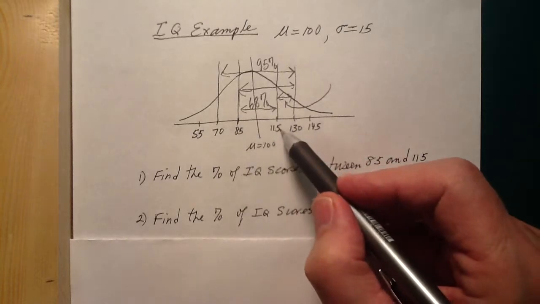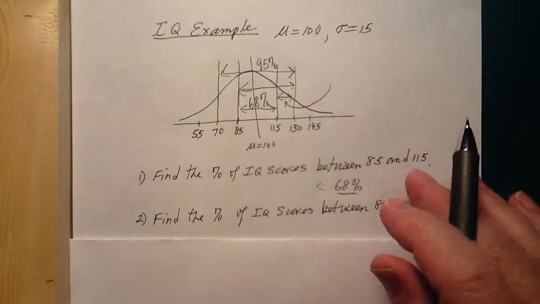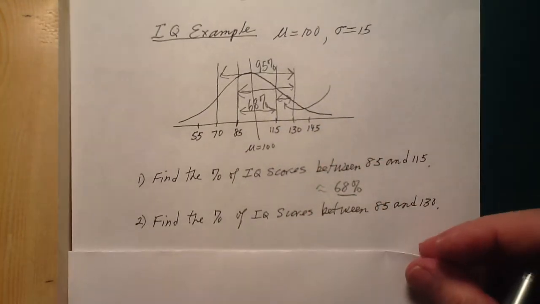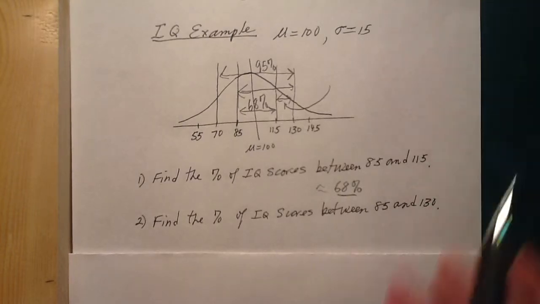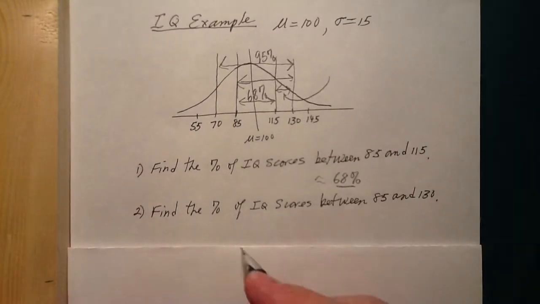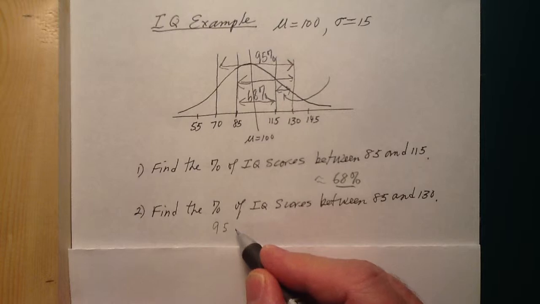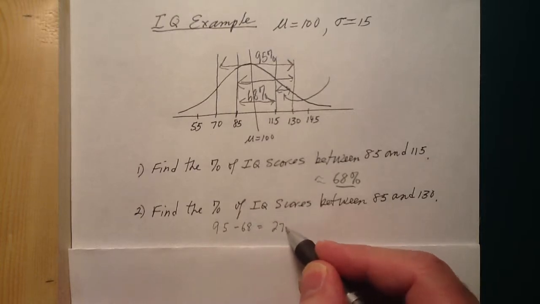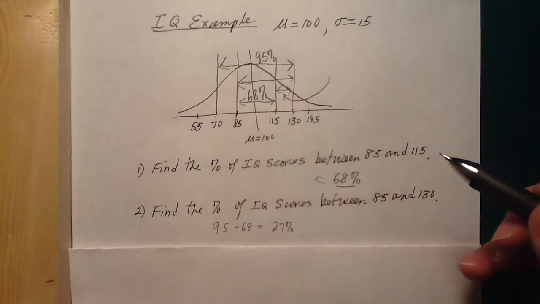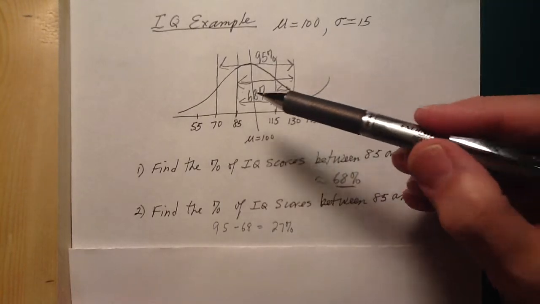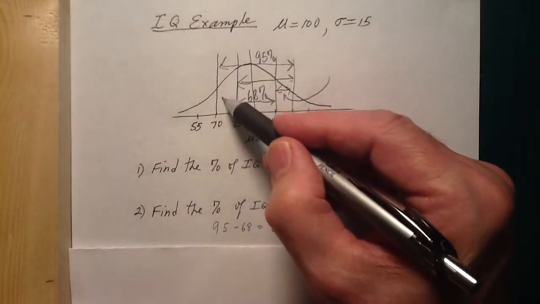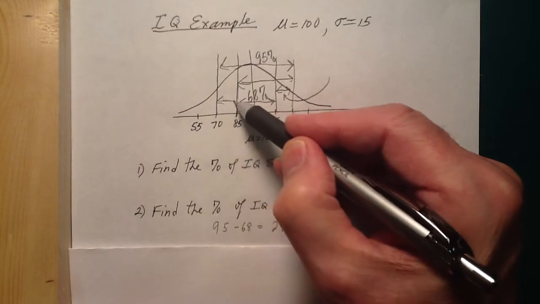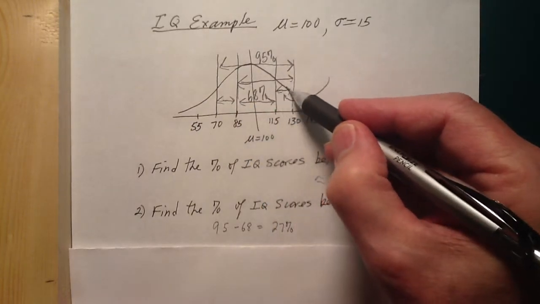and 68% between 85 and 115. If we subtract, 95 take away 68, we get 27%. Now that 27% is split evenly between the left side and the right side.